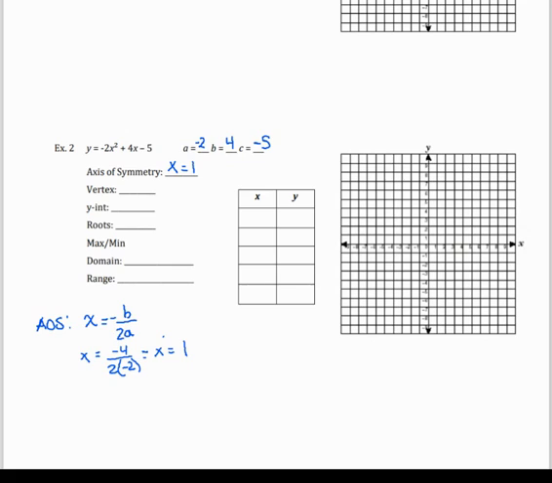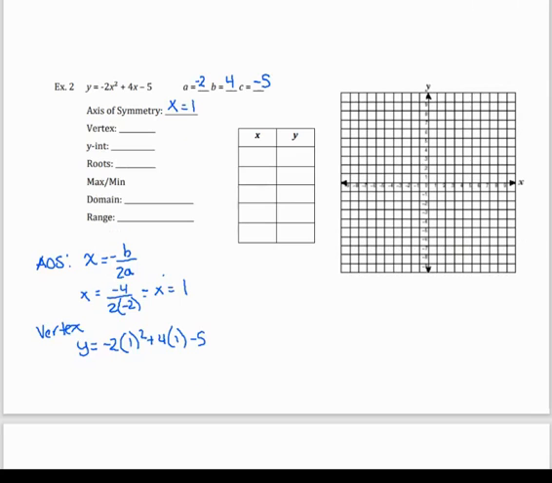Now, to find my vertex, as I mentioned up above, we take that x value from my axis of symmetry and plug it into the equation to find y. So to find y, I have -2 times 1 squared plus 4 times 1 minus 5. Please be very careful with your order of operations.